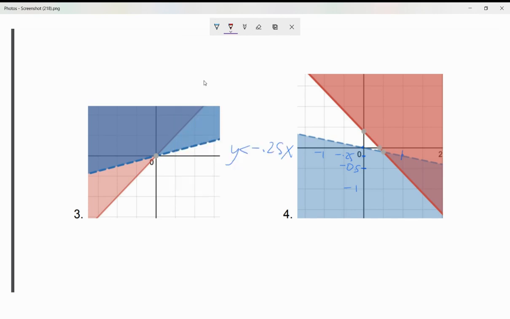For the red part, since it is a filled line and it's shading upwards, it's going to be greater than or equal to. Let's find the slope.